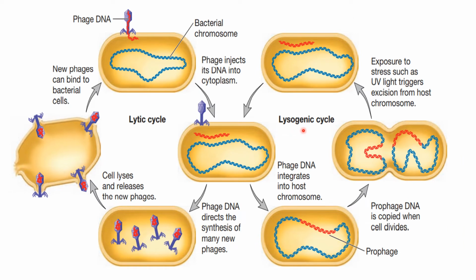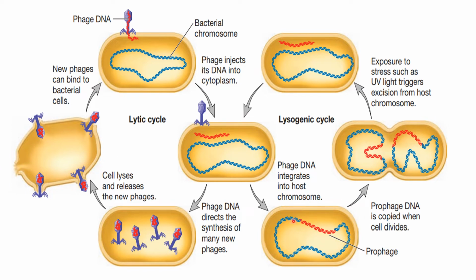Now what happens in the lysogenic cycle is the first two steps will be the same as the lytic cycle, where the adsorption of the bacteriophage happens on the surface of the bacterial cell and penetration happens where the bacteriophage DNA enters inside the bacterial cytoplasm. After the second step, the phage DNA will integrate itself with the bacterial chromosome.